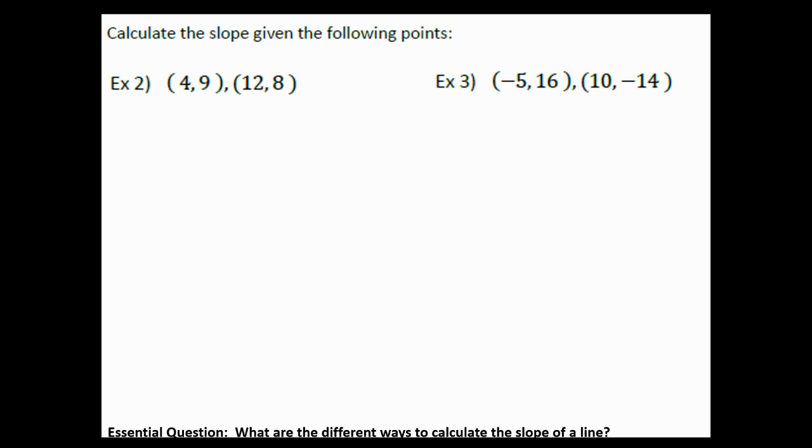Okay, the next one is to calculate the slope given points. So the first thing you need to do, and this is the first 4 homework problems tonight, is to write down the slope formula. And we'll need that for both of these.